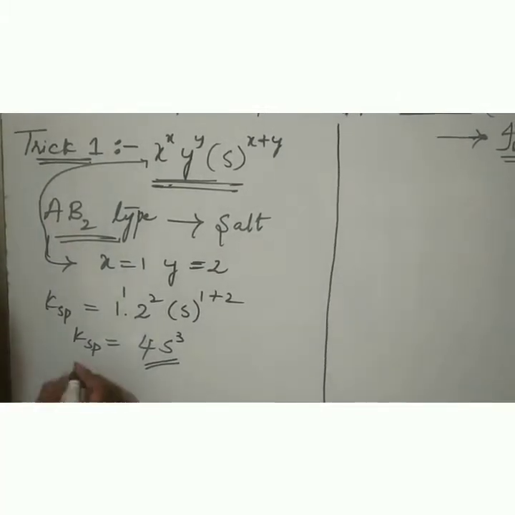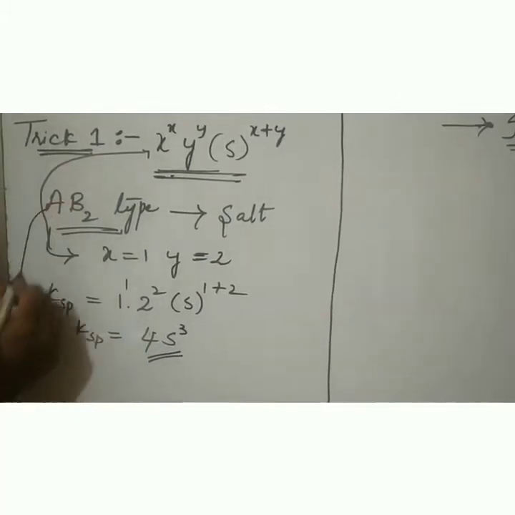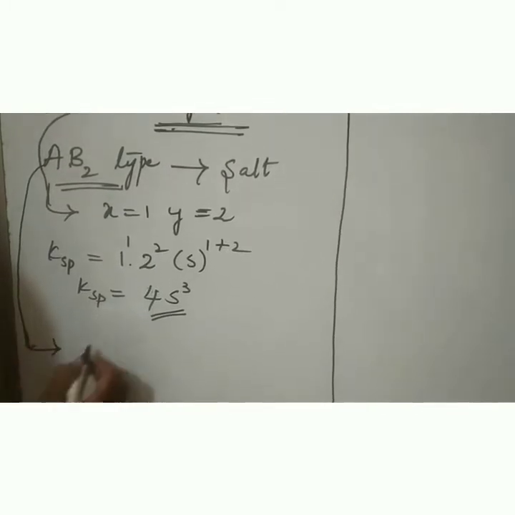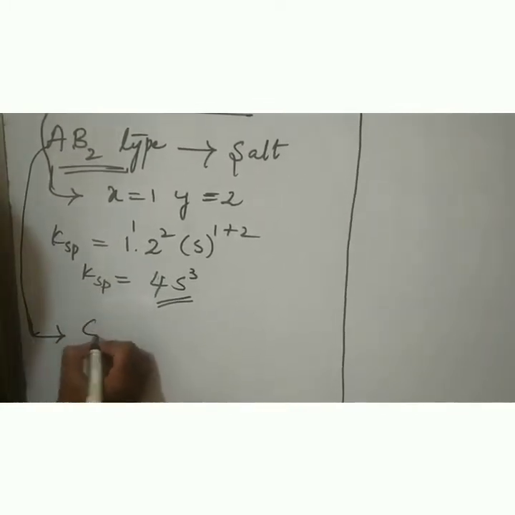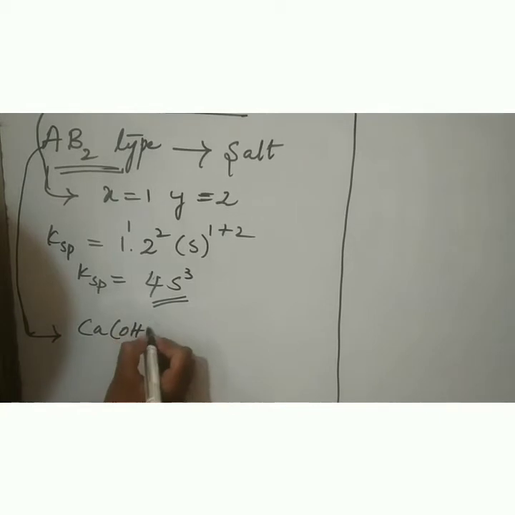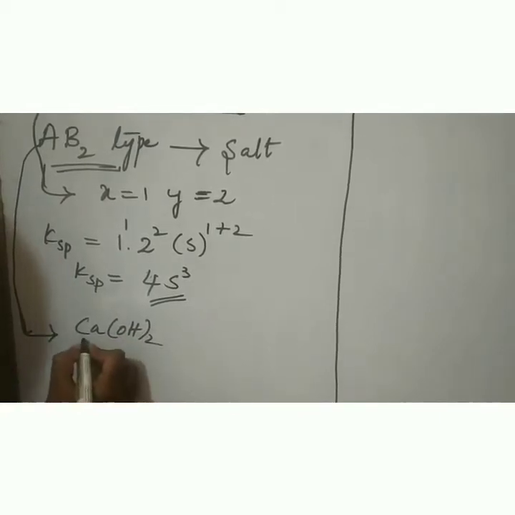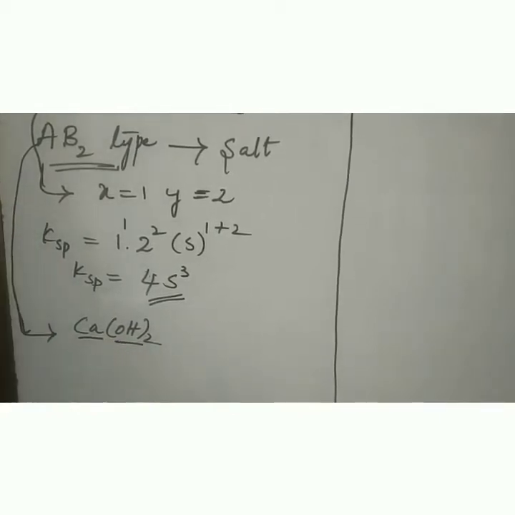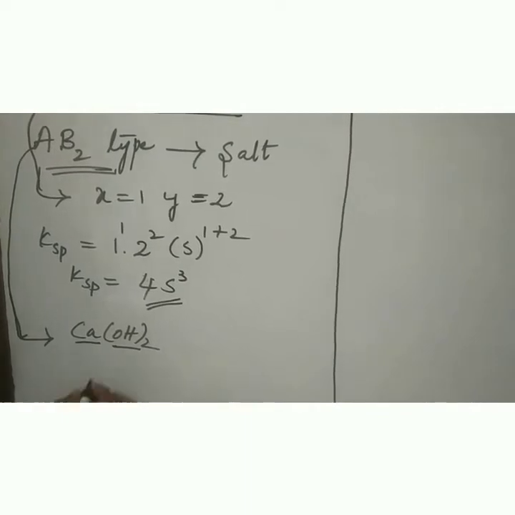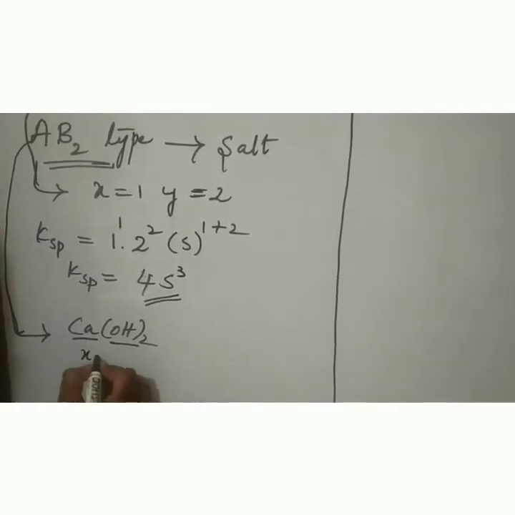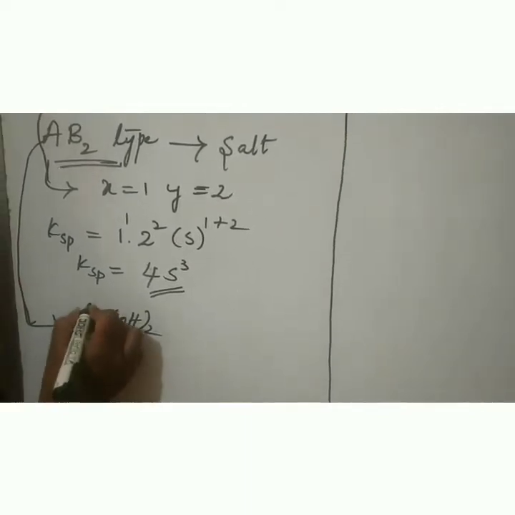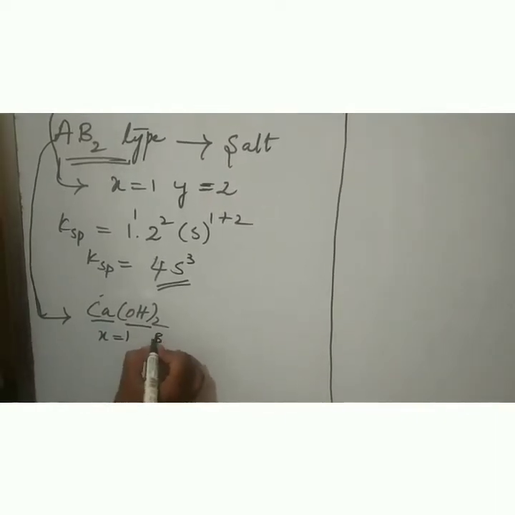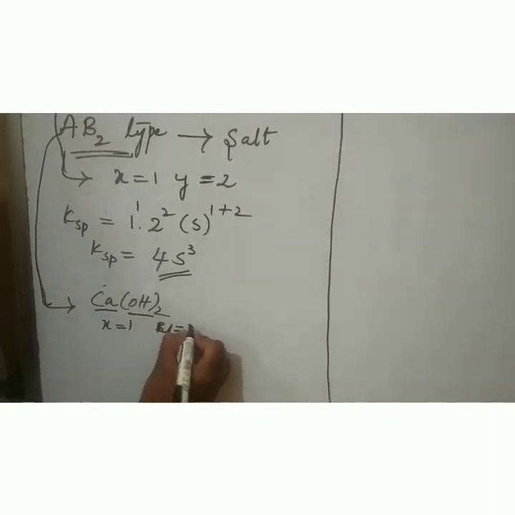For example, if you take an AB2 type salt, for example calcium hydroxide, this is A, this is B. Then x is equal to 1 and y is equal to 2.